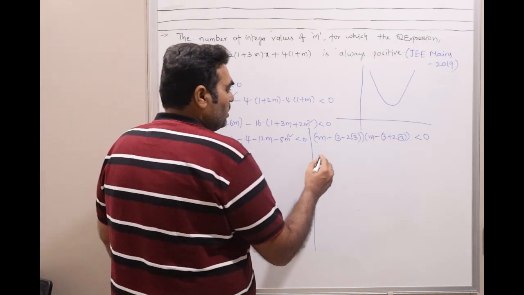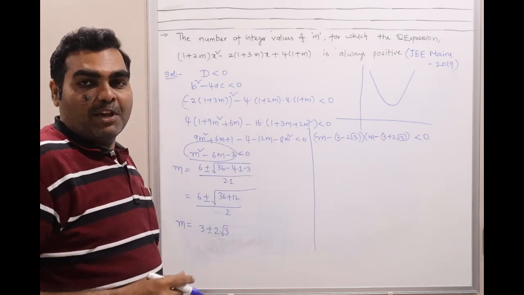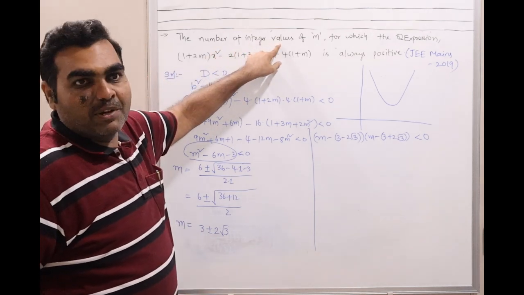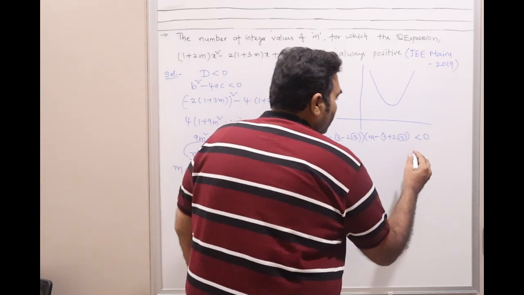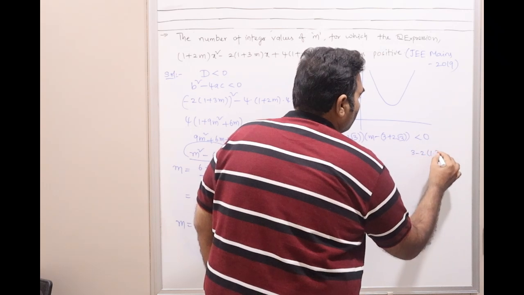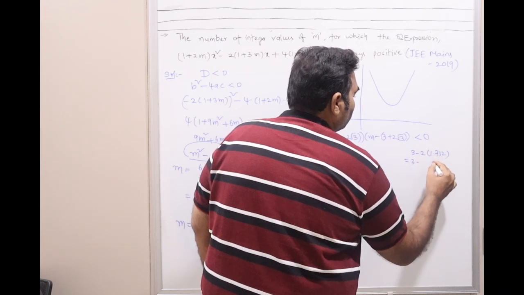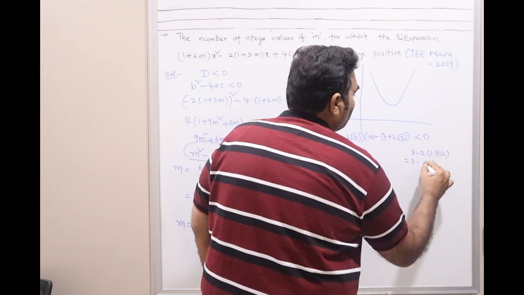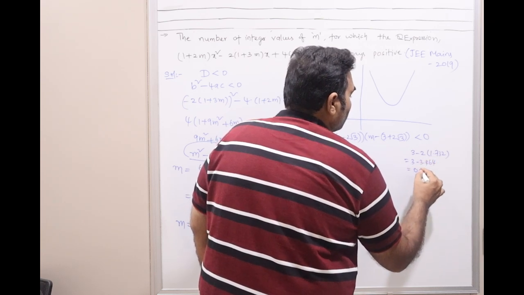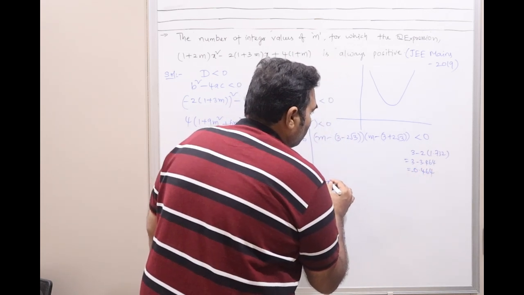Right. Now, once again I need to calculate the corresponding values here. Why? Because he is asking for integer values, right? So if I calculate 3 minus 2√3, with √3 as 1.732, that is 3 minus 3.464, which means minus 0.464.